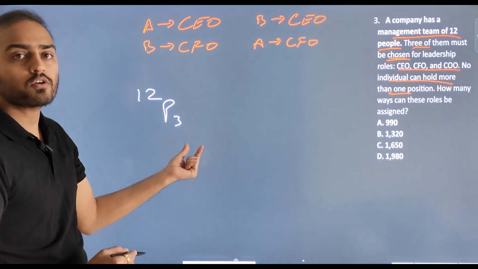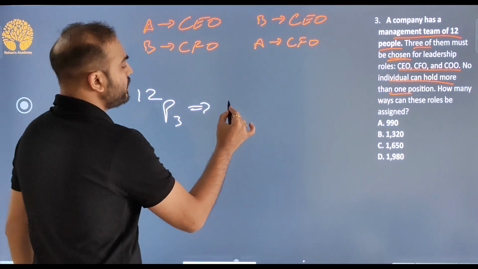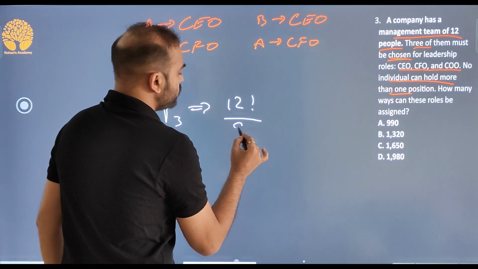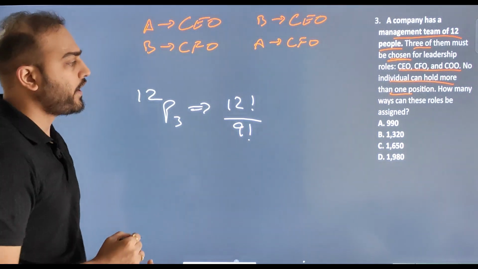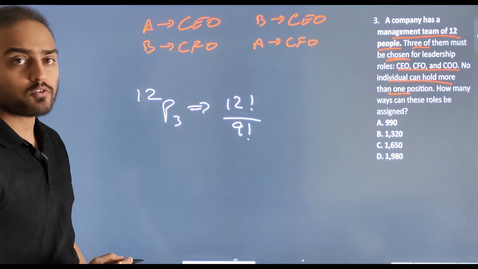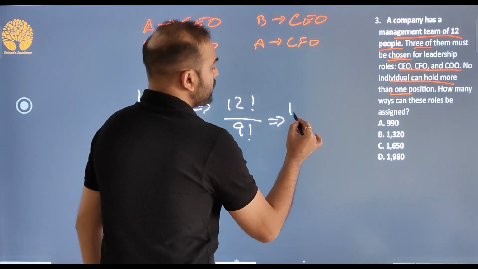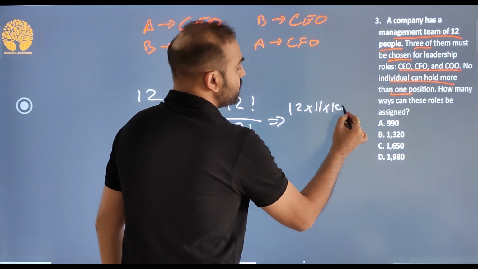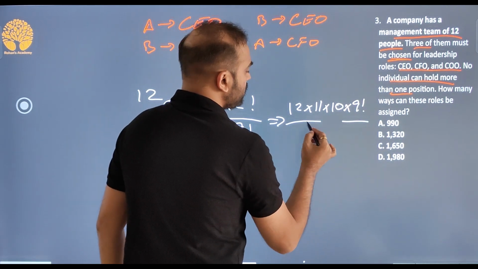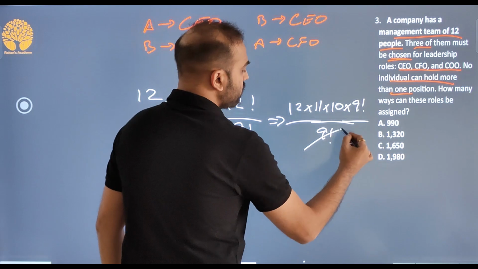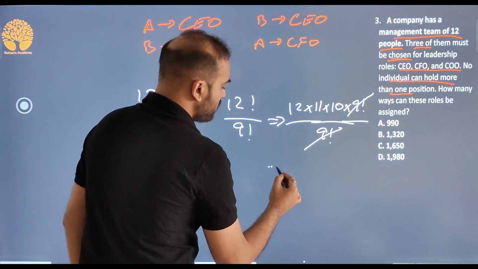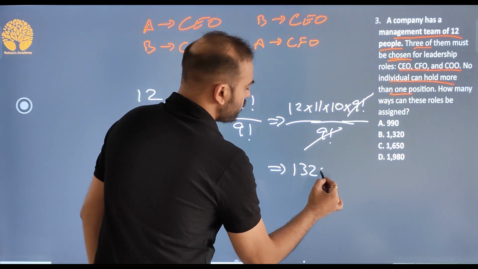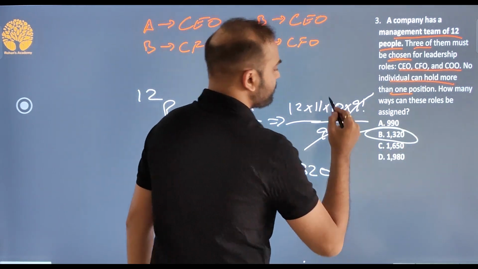So that is simply 12p3, which is 12 factorial by 9 factorial. Don't be scared of the calculation. That's 12 times 11 times 10 times 9 factorial over 9 factorial. Cancels out. That's 1320.